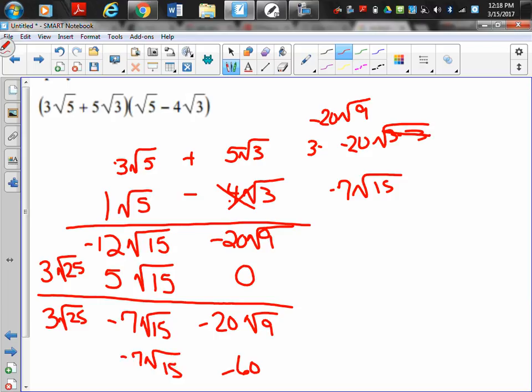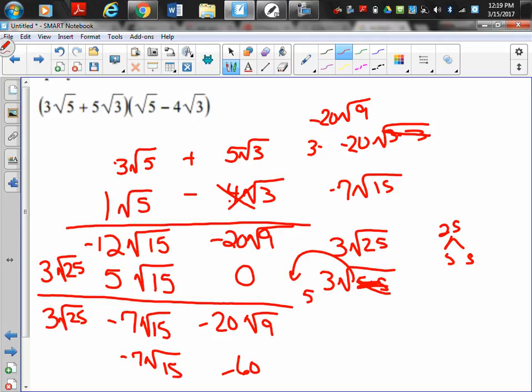So 3 square root of 25. 25 is 5 and 5. So we have a pair of 5s. So your pair goes away, comes to the outside. 5 times 3 is 15.